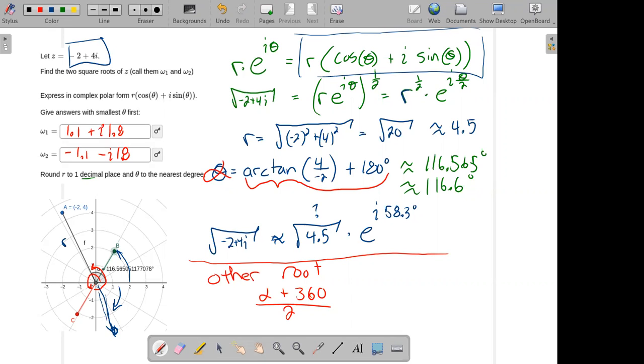And if we wanted them exactly, well, we can do that exactly too. The exact version of the angle is kind of complicated, right? The first angle is the arctan of negative 2 plus 180.